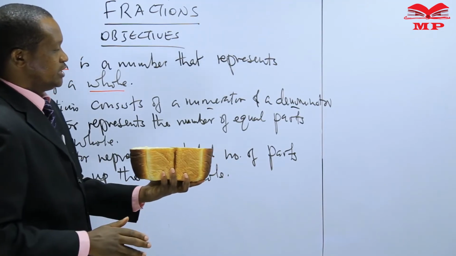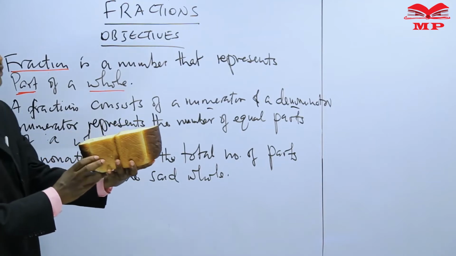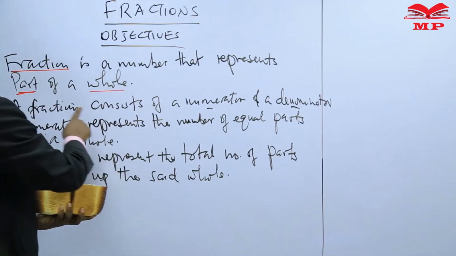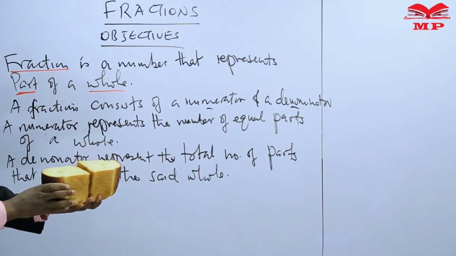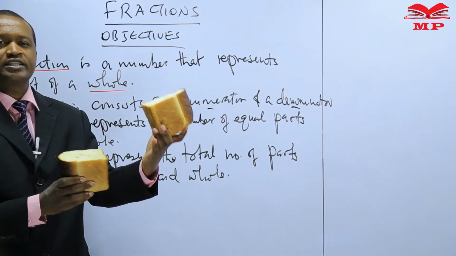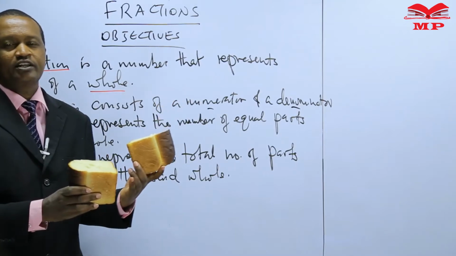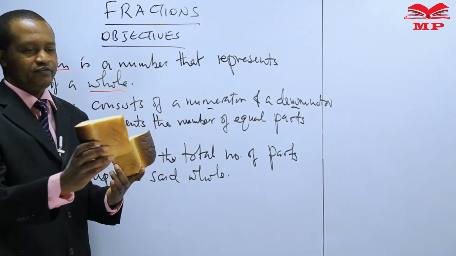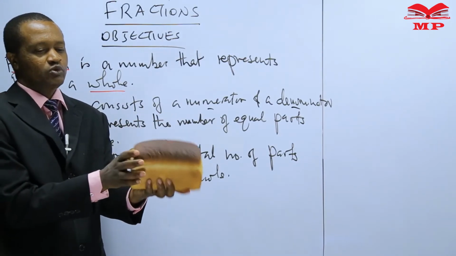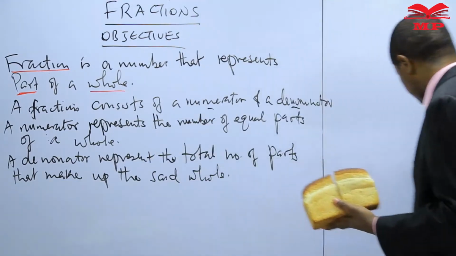Now we say that the whole is now in 2 parts, and a fraction is a number that represents part of a whole. So one part or one section is a half. The other one is a half. So these 2 halves make one full loaf, all right, equal parts.